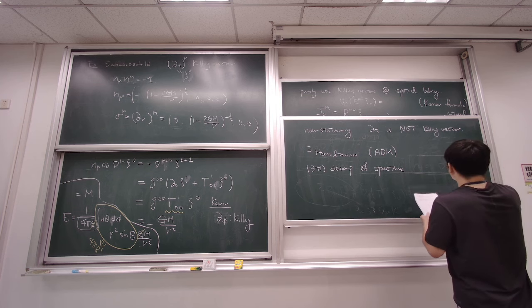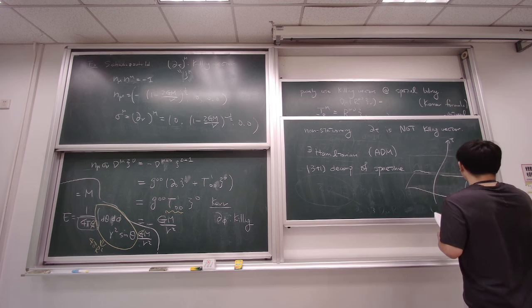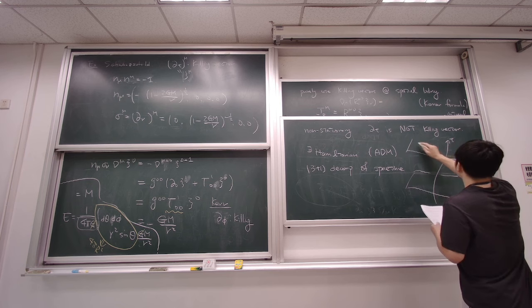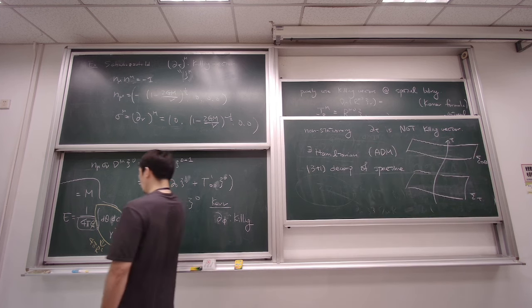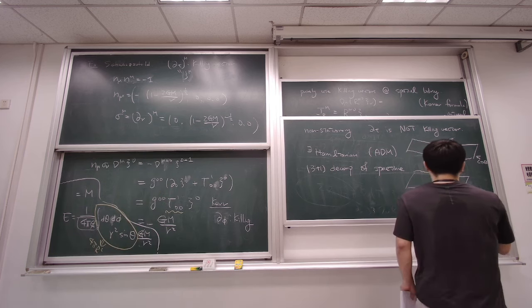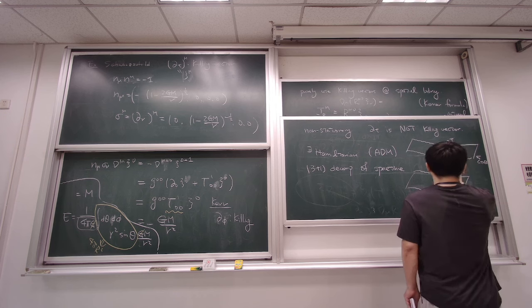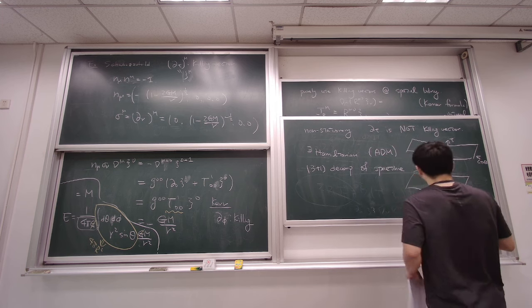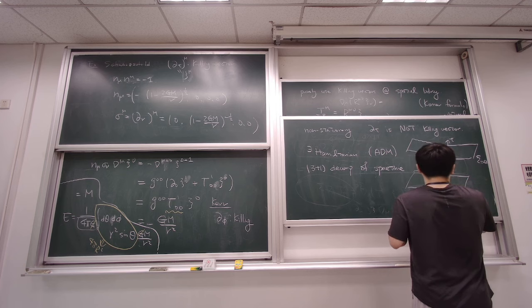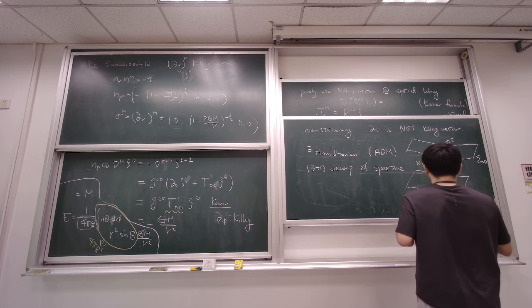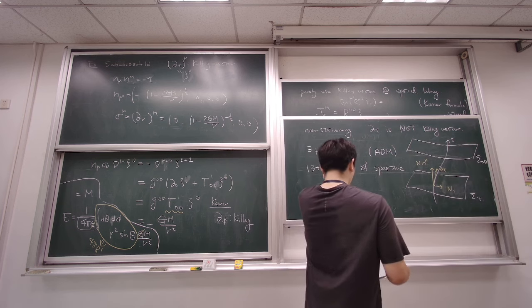To do that, we consider some time T, and then consider the following hypersurface sigma T, and sigma T plus delta T. Here you have a tangent vector of T, so this is del T, and it is decomposed into the normal vector of this one, n mu, and the spatial part, like this.